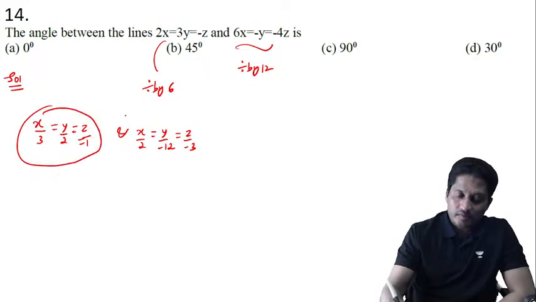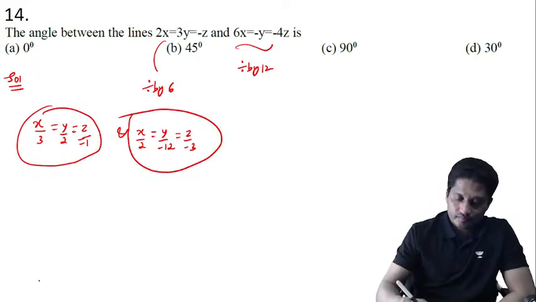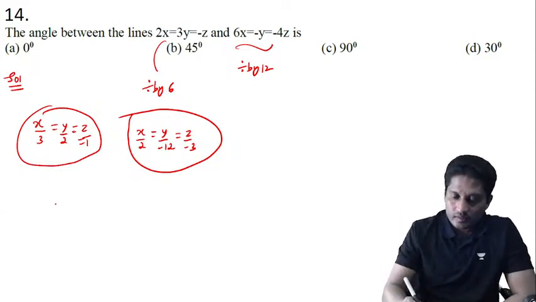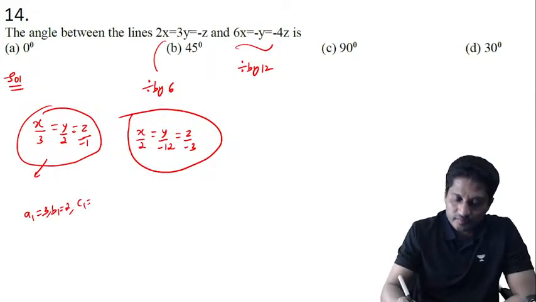Right, now cos theta is equal to, of the form DRs. The first line: a1 is 3, b1 is 2, c1 is minus 1. a2 is equal to 2, b2 is equal to minus 12, c2 is equal to minus 3.